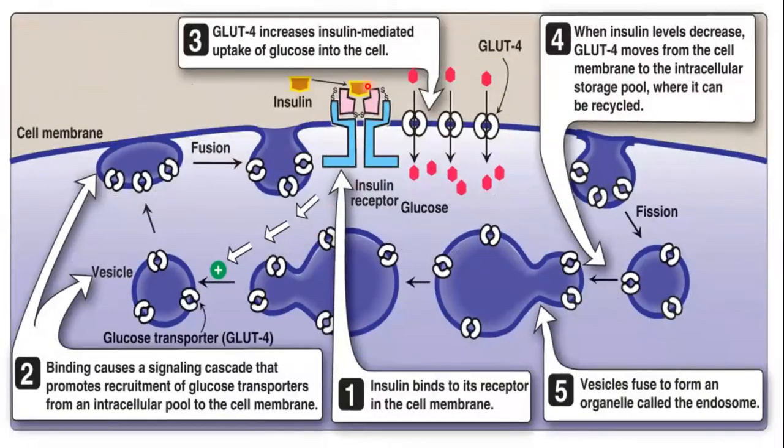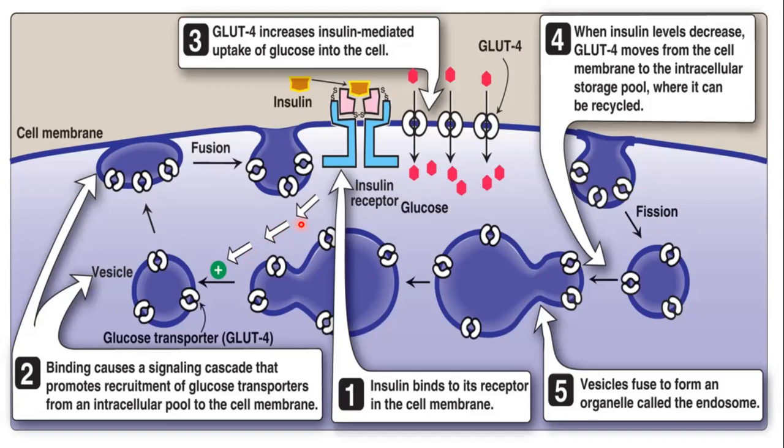Now, here's what I'm saying. Once insulin binds to the tyrosine kinase receptor, there will be activation of the insulin receptor substrates, which will then activate the kinase, which will in turn lead to the cleavage of a cell membrane phospholipid, phosphatidylinositol bisphosphate, to form PIP3.